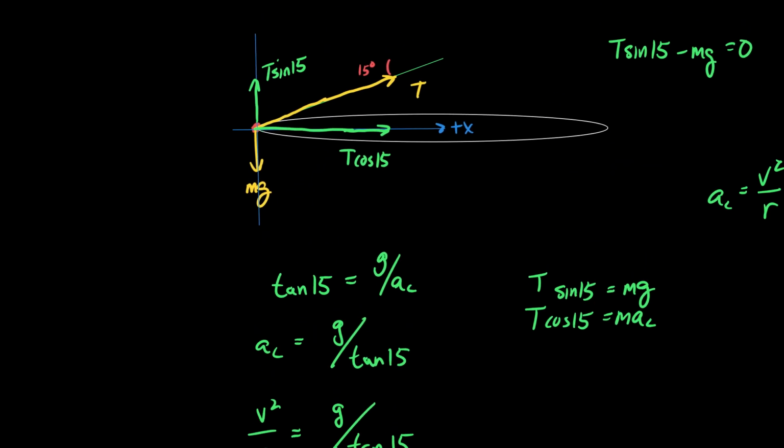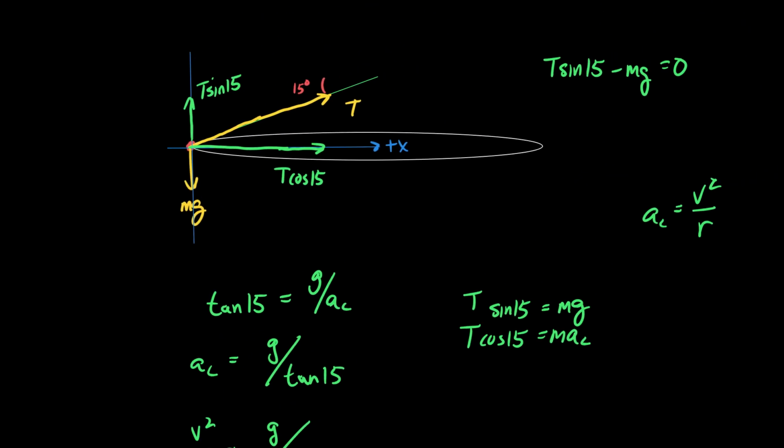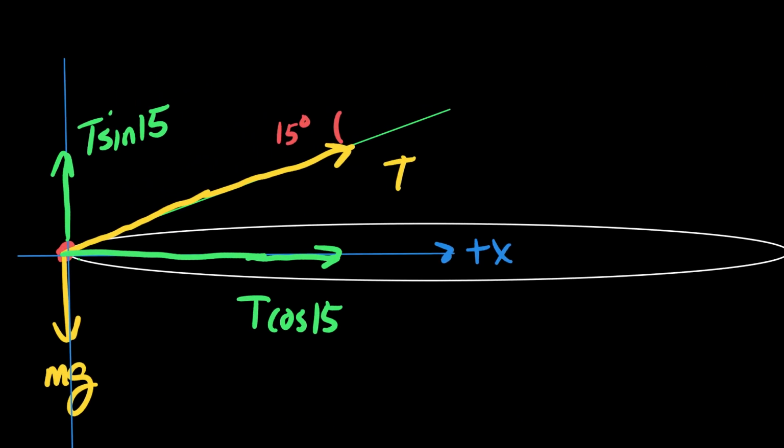So let's go up there and see if there's some clues. I know the length of the string is 1.2 meters long. And if the length of the string is 1.2 meters long, then won't this distance from here to here be based on the angle and the length of the string?